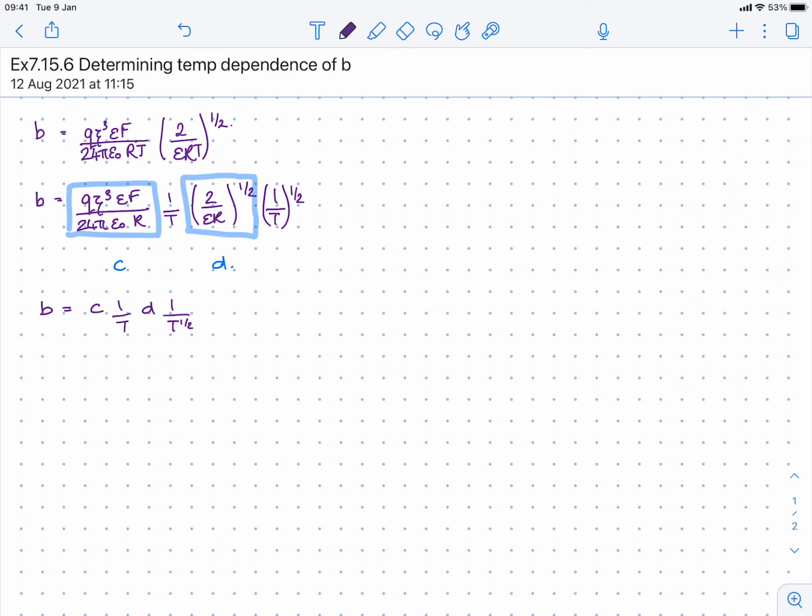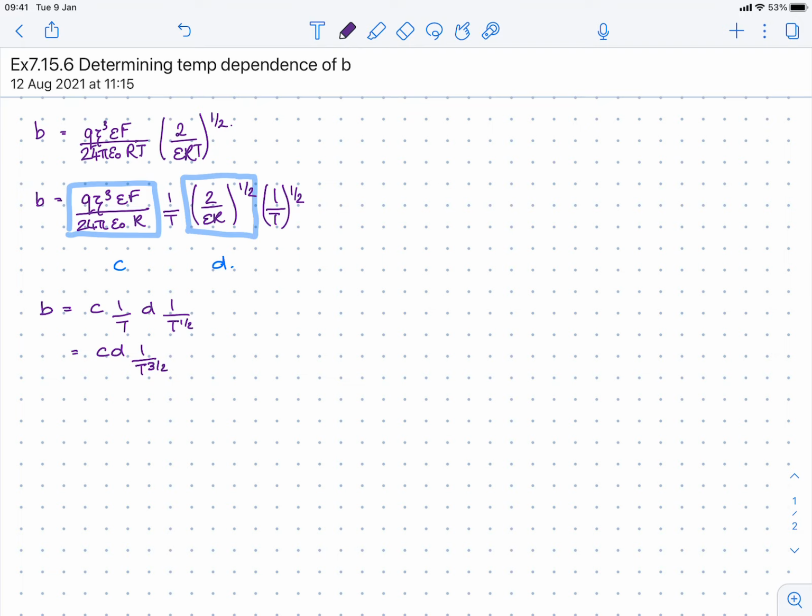So now I can combine my terms with 1 over T. And if you recall, I've got powers here. My terms are multiplied, so I'm going to add my powers. And so this means that I can rewrite this as CD 1 over T to the 3 over 2.